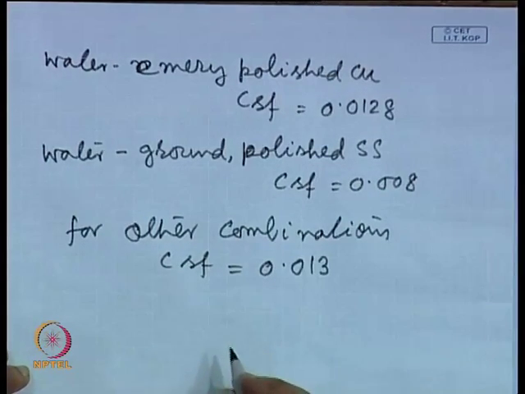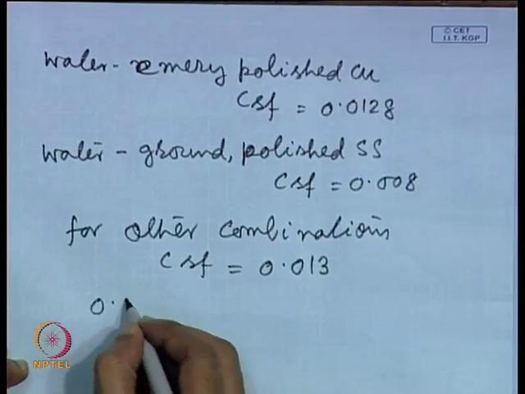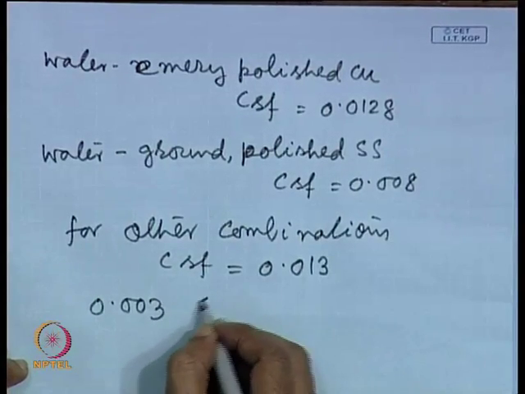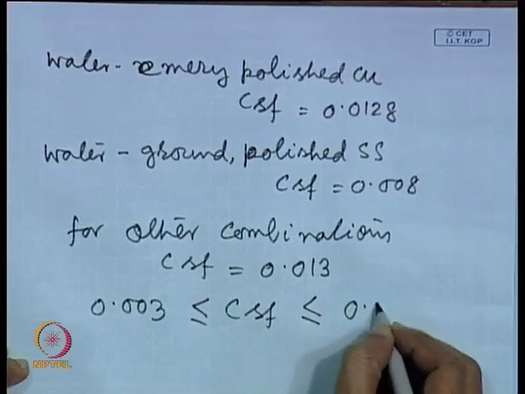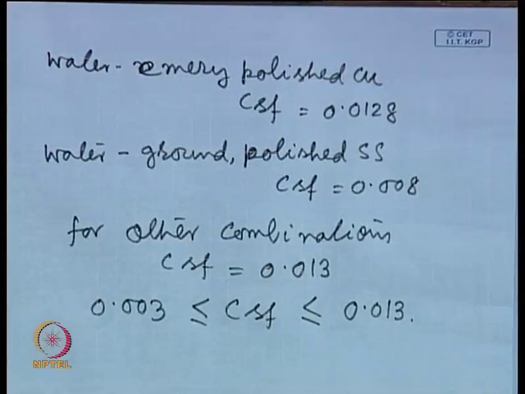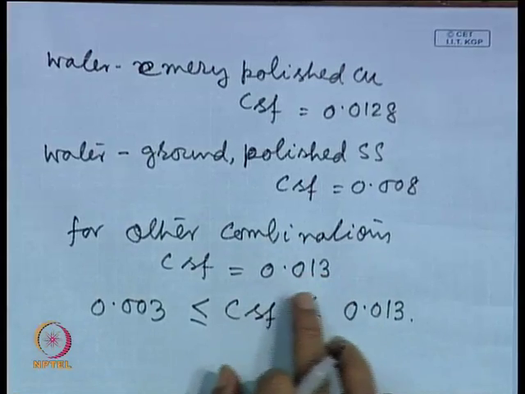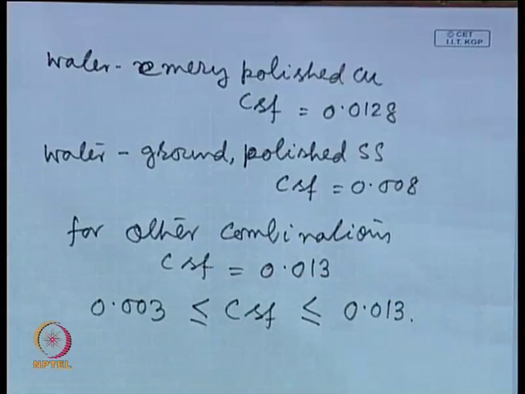So, what has been done is that for an unknown fluid, a higher value has been predicted, assuming that with the higher value you will predict a higher heat flux and your design will be on the safer side.